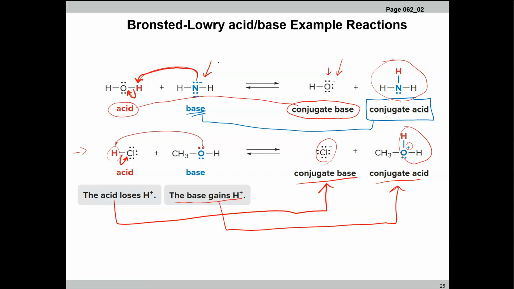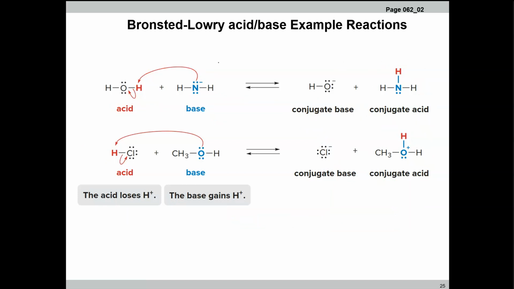So overall, we have a -1 charge on the left side of the arrows and a -1 charge on the right side. With the reaction below it, we'll notice that there's no charge on the left side, so there's an overall net charge of 0. And on the right side, since we have a -1 plus a +1, we have no net charge as well on the right side.